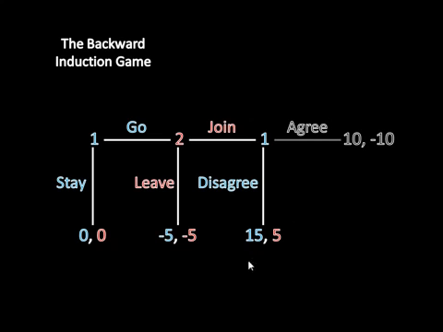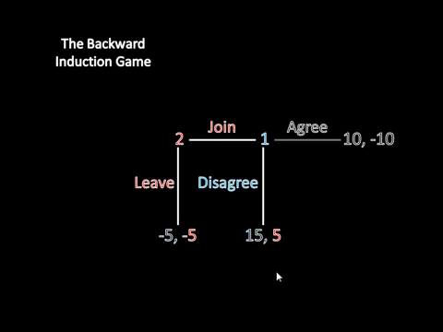He's going to disagree. So rather than having some uncertainty between this 15-5 payoff and this 10-10, the Nash equilibrium of this subgame is 15-5. We can just replace these two payoffs with this one, and now we can condition player 2's behavior based off of that. What do I mean by that?